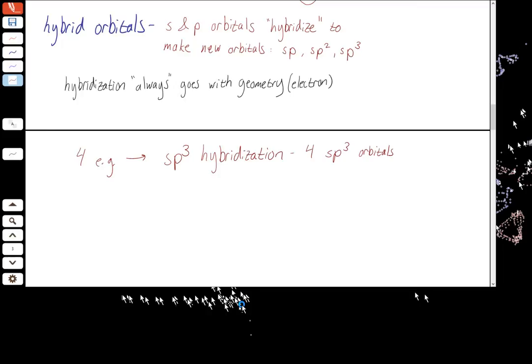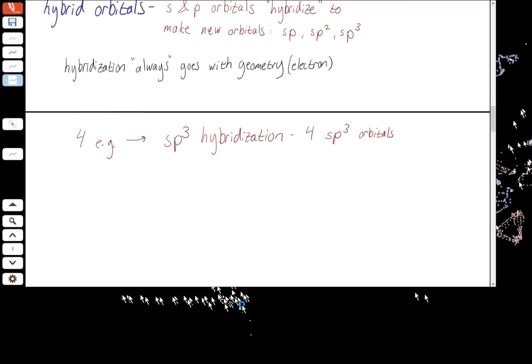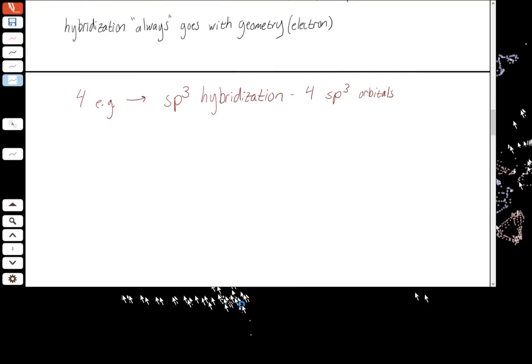All right, so some examples of that. We just talked about methane, CH4: 4 groups, 4 orbitals, sp3 hybridization. Another example would be ammonia, NH3: 3 atoms, but 4 overall electron groups.